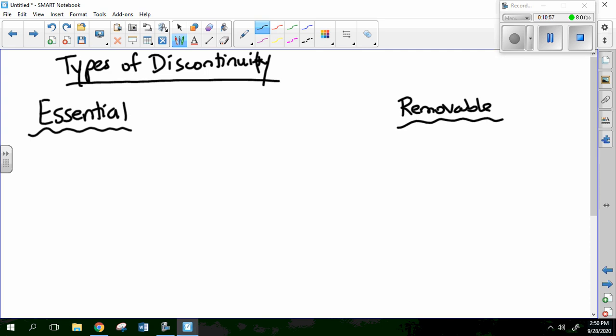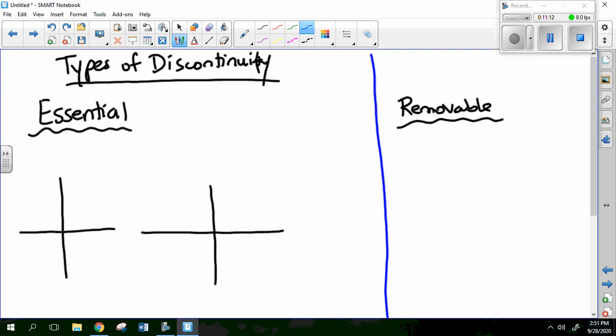Those are our two main types. But there's actually two different examples when it comes to essential. So I'll try to put them on the same screen here. So keep this in mind. This is separate from removable.